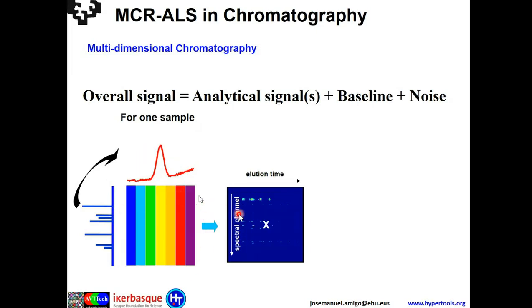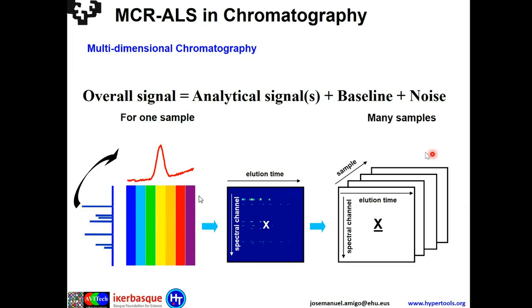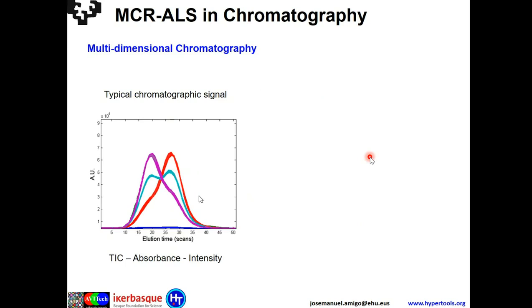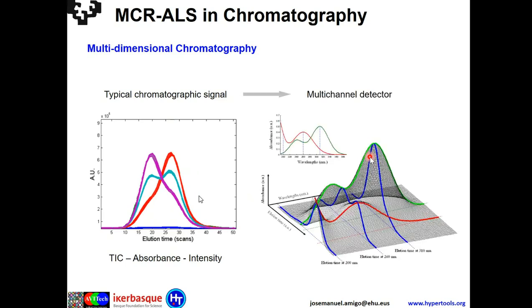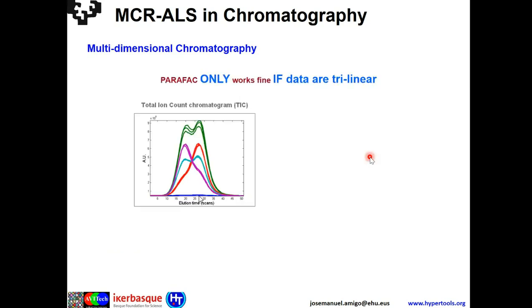Then we can create these three-way structures with the spectral channel, the elution time, and the sample. Before, we saw that this is a typical construction in chromatography.